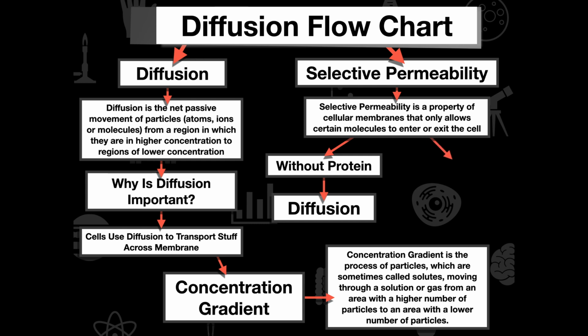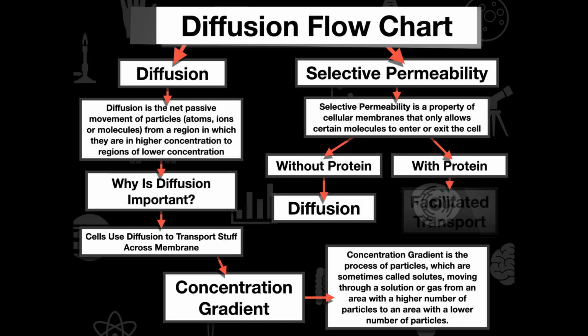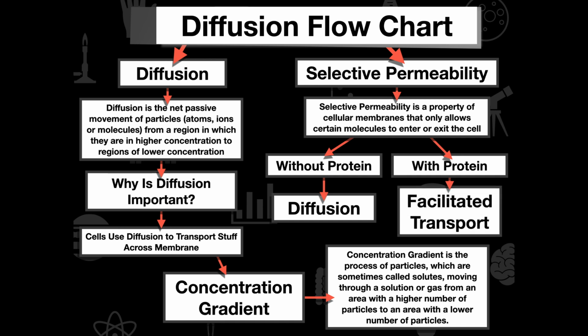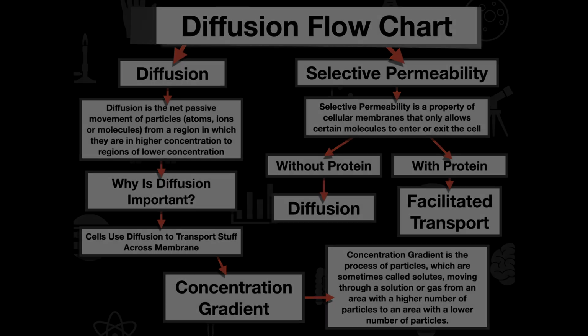They're naturally going to move via diffusion. If they are too big, they are going to need a protein, a transport protein. And now we give this a special word. When they diffuse through a protein, we call that facilitated transport. Without the protein, we call it diffusion. With the protein, we call it facilitated transport.